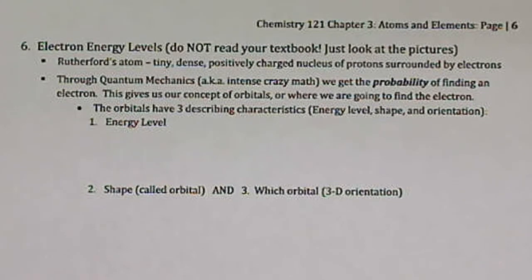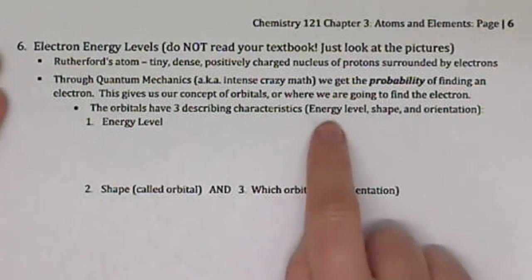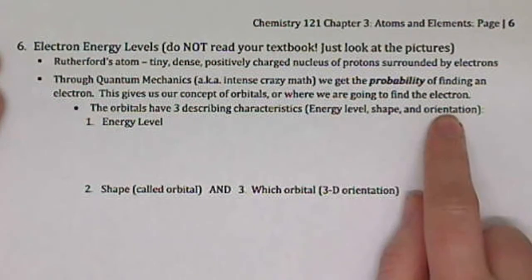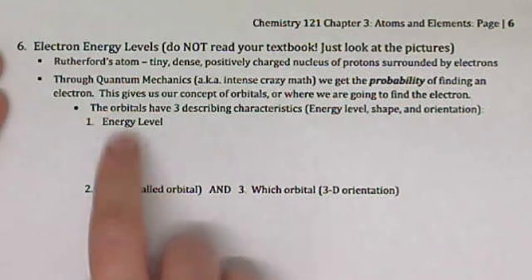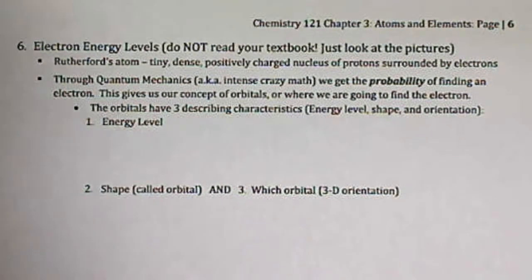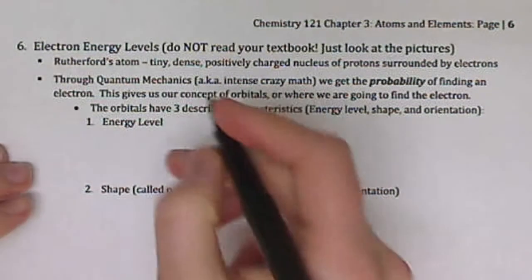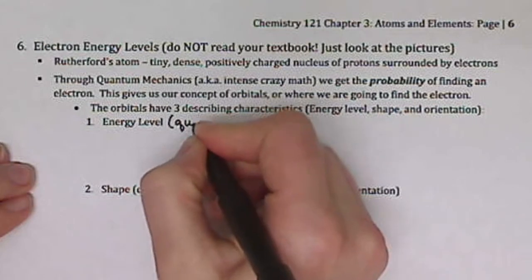But we get from quantum mechanics 3 ways of describing where these electrons are. We talk about their energy level, their shape, and their orientation. The energy level is also known as the quantum level, hence quantum mechanics.